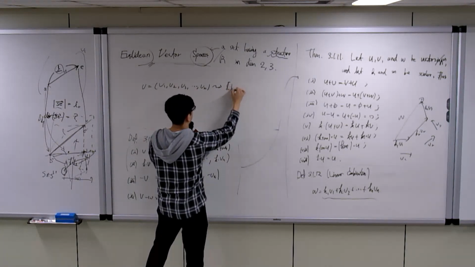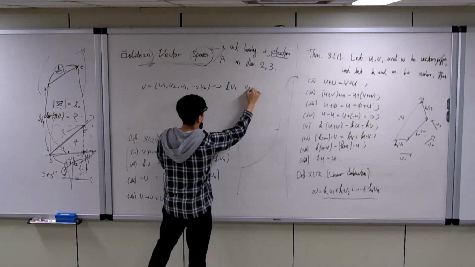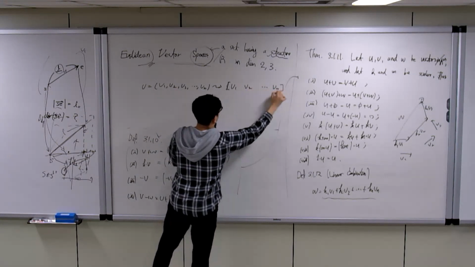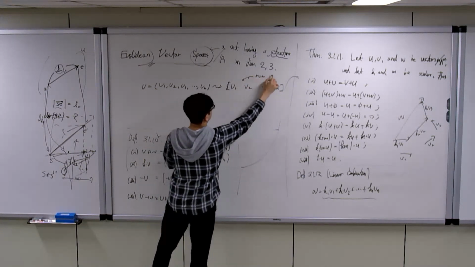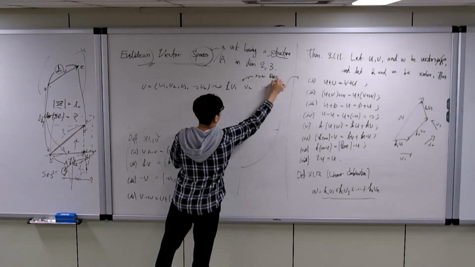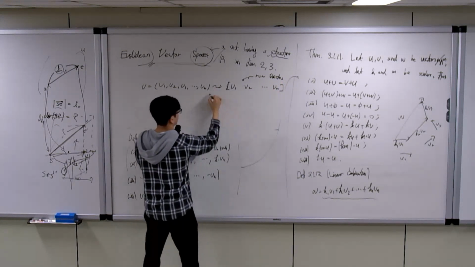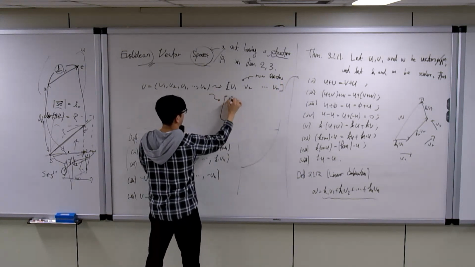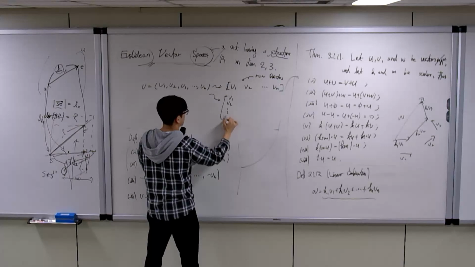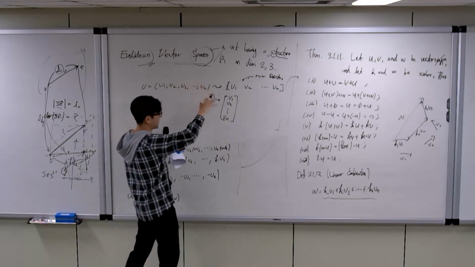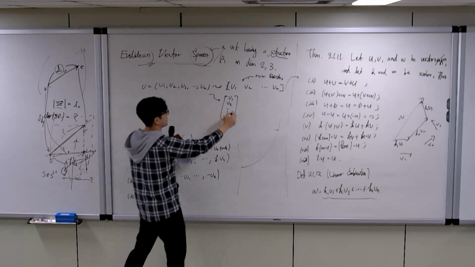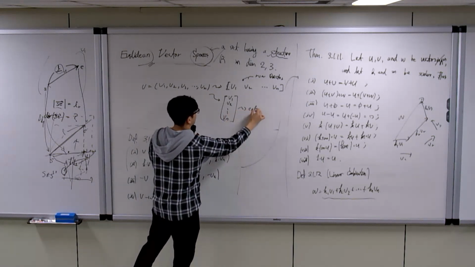That means v1, v2, up to vn, and it is called the row form, row vector, and we might be able to write it horizontally or vertically, then it is called the column vector.